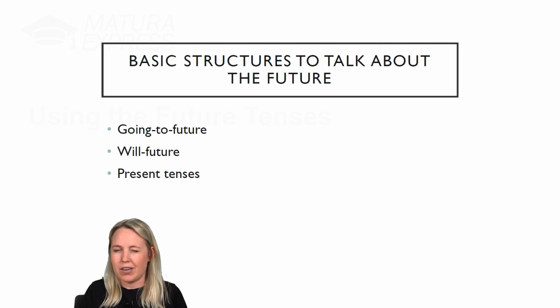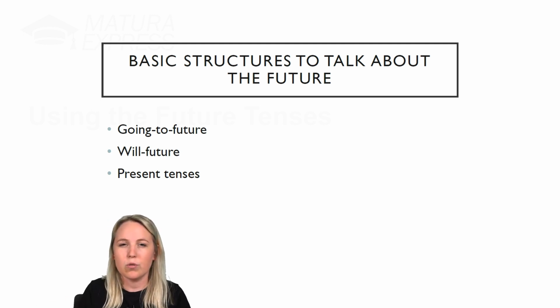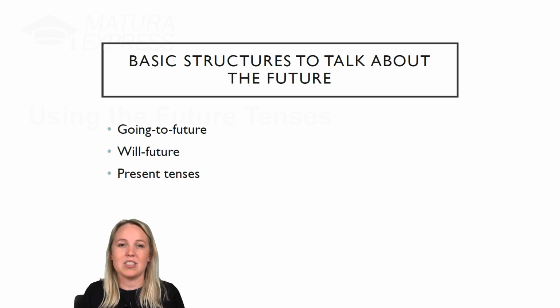I mean, there is a slight difference between the tenses, but sometimes you can interchange them in a way. So you can use the going to future or the will future. You can use the present tenses or the going to future. So that's the case with the future tenses. Still, there are some differences, and that's why I will tell them to you today.